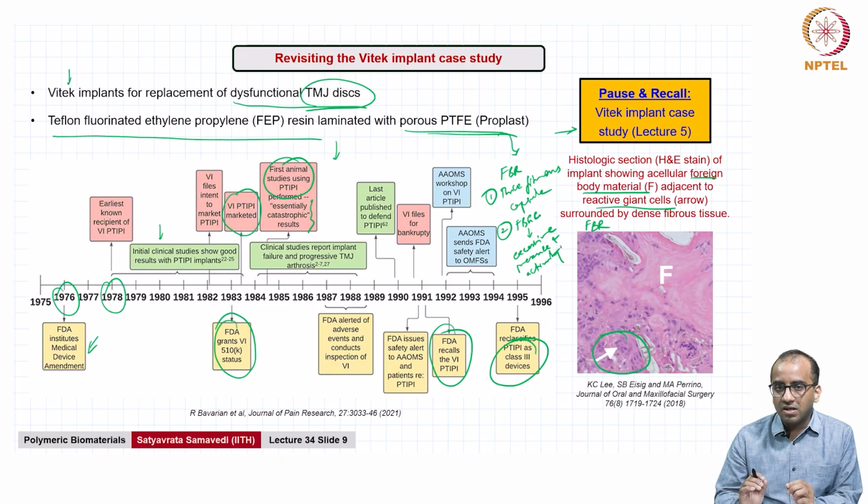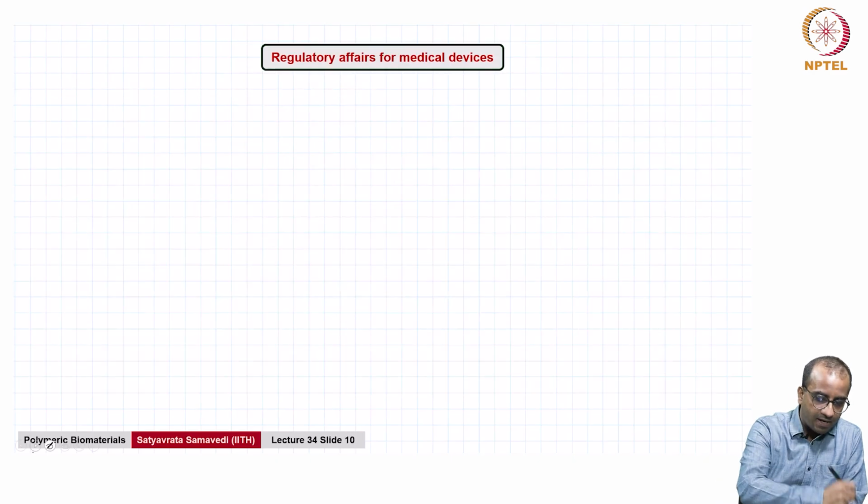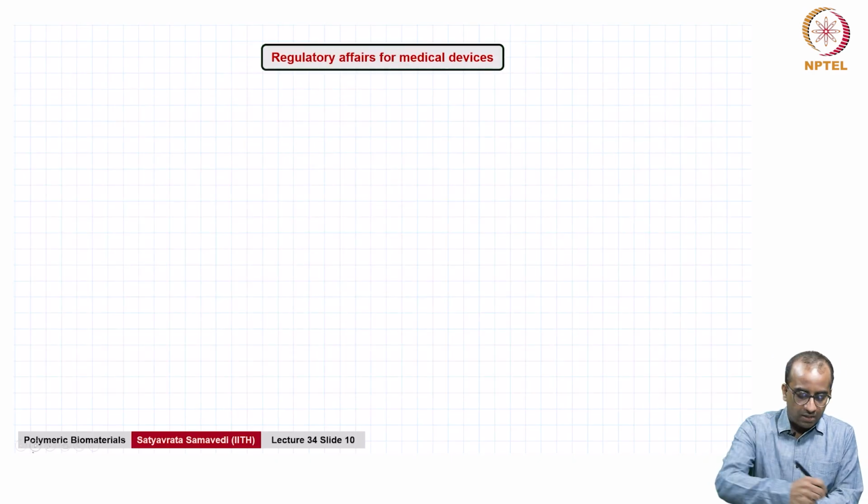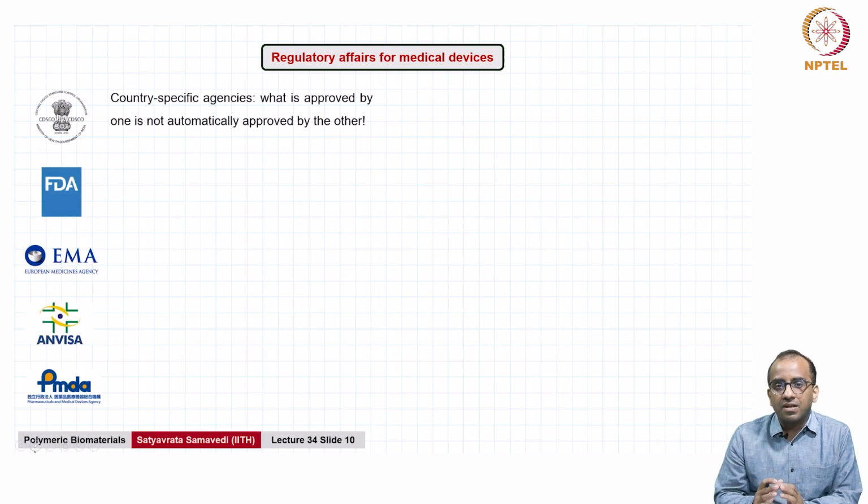So, this is another reason for us to now look at how regulation is done. From both the darkened shield and the biotech implant case study, one thing we can learn is that medical devices have to be regulated very carefully. So, we will take a quick look at regulatory affairs for medical devices, and we will first note that we can't talk about one generic approval pathway.